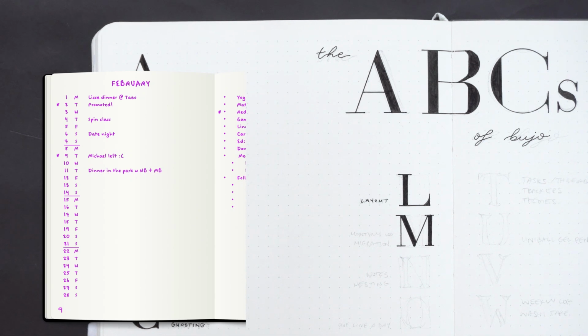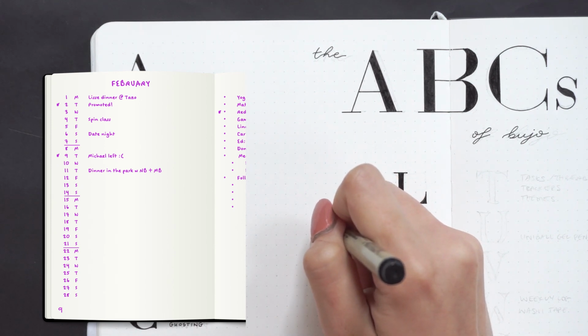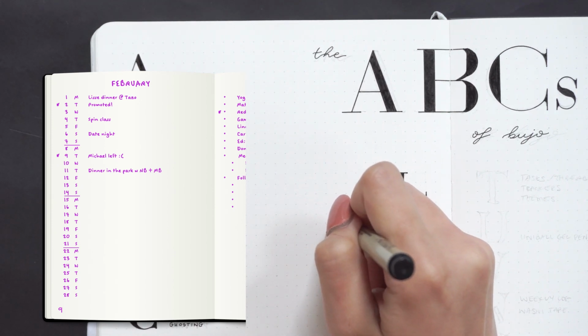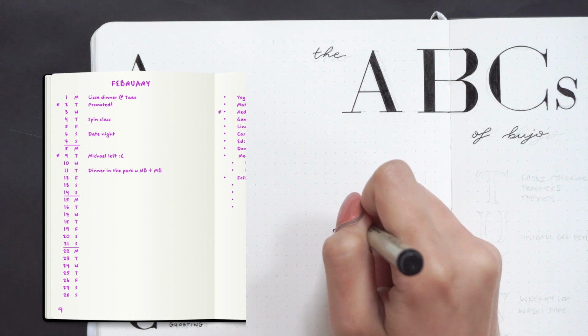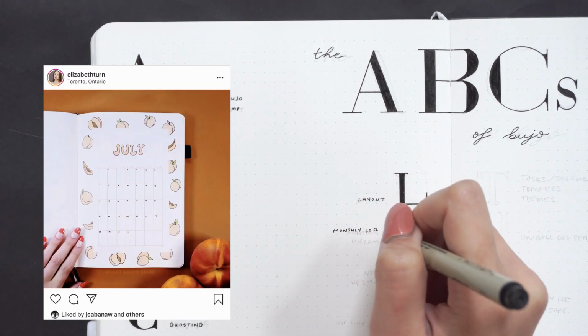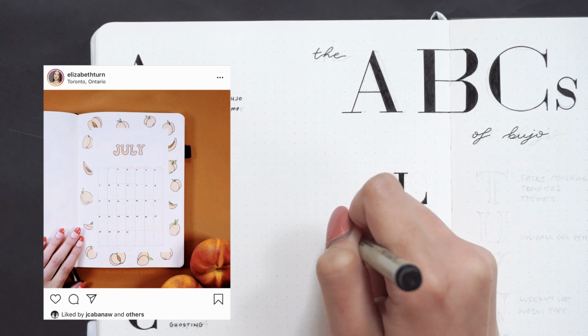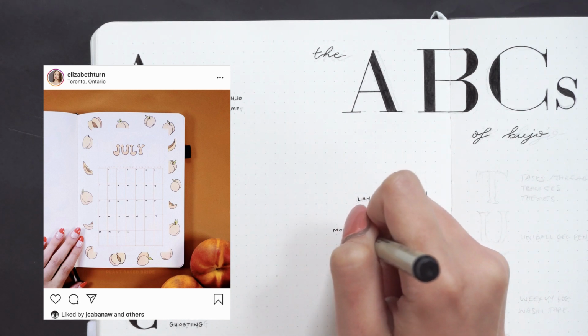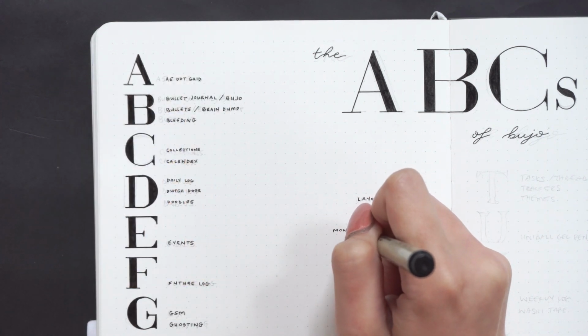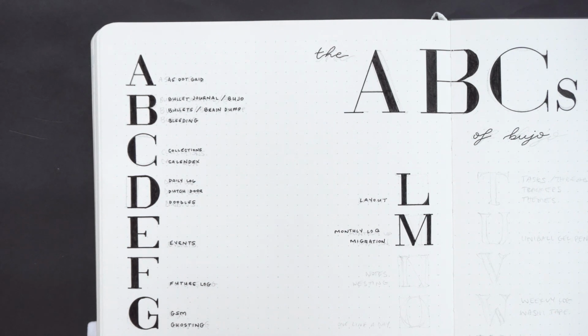The most basic form of monthly log from the original system involves just writing the days of the month vertically down the left side of a page and writing down any events or tasks that have to happen on those days right beside the date. I personally prefer more of a traditional calendar monthly log setup just because for me as a visual learner, it makes a lot more sense. But again, there are so many different options when it comes to monthly logs. They just refer to a place where you can plan out the current month you're in.